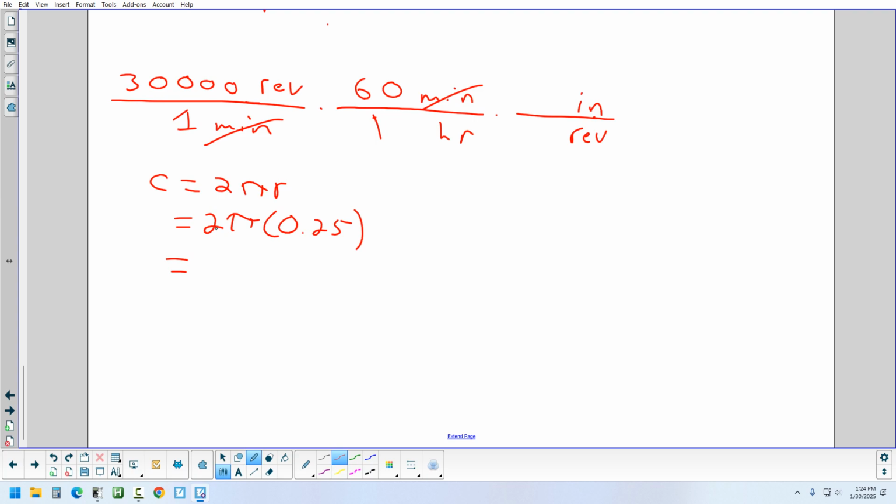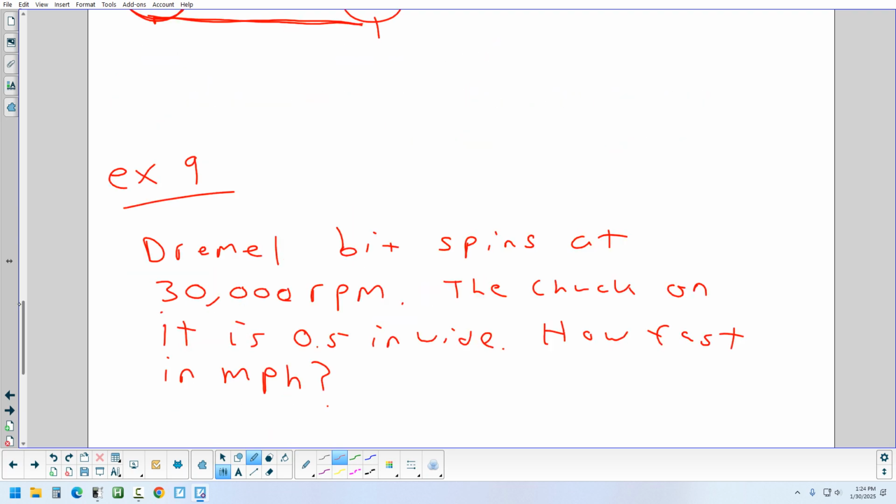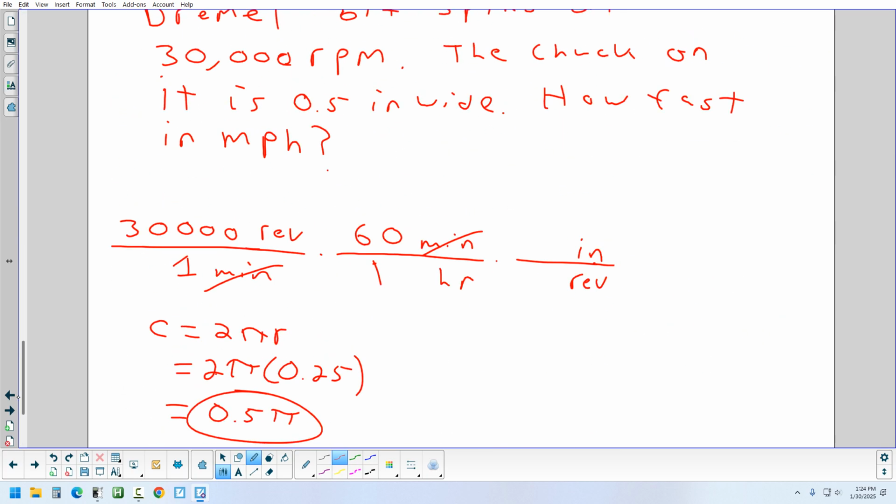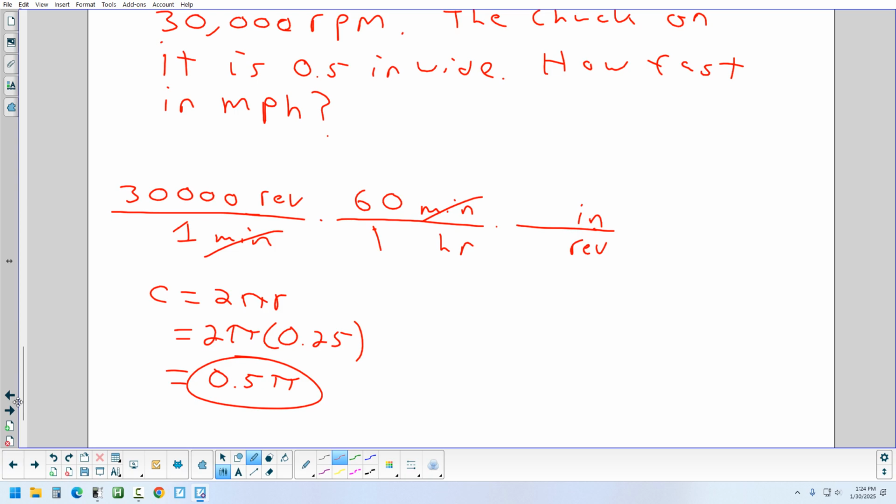What's 2 times 1/4? Half. That's the circumference of the bit. Okay. 0.5 pi. It's small. It's not a big number. Okay, so that's how many inches in a revolution.